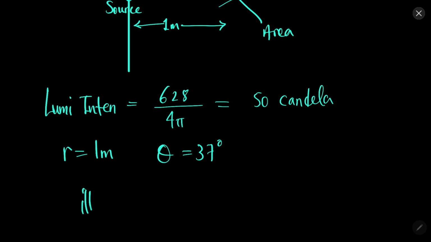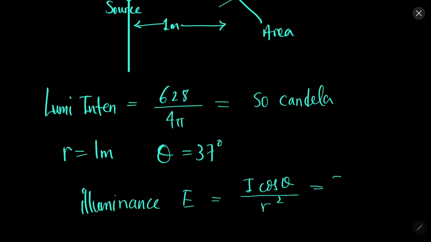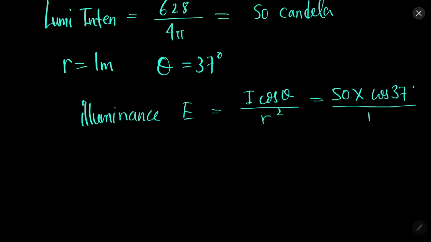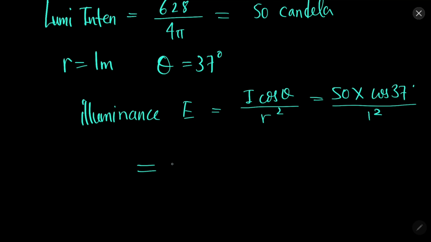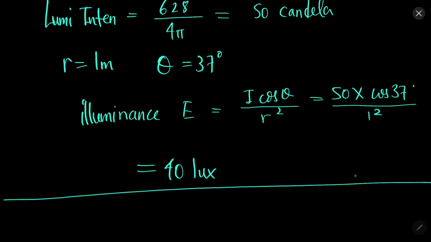So illuminance, which is E, will be equal to I cos theta over R square, 50 into cos 37 degree over R square, which is 1 square, that is 1. So it will give us 40 lux. E will be equal to 40 lux.